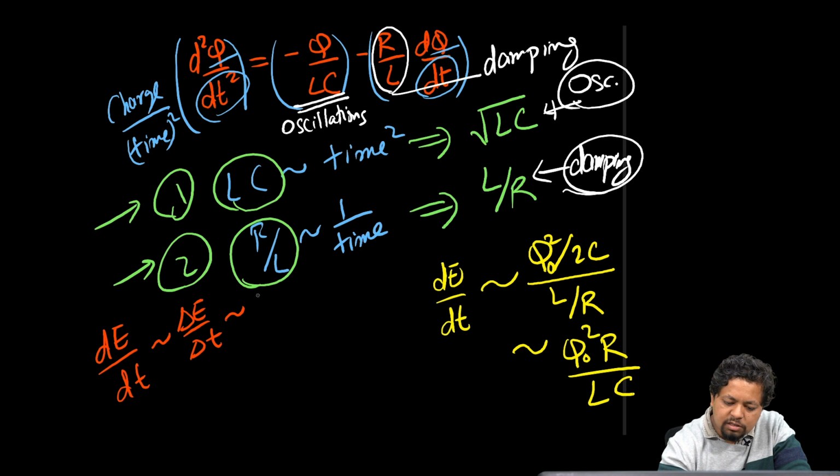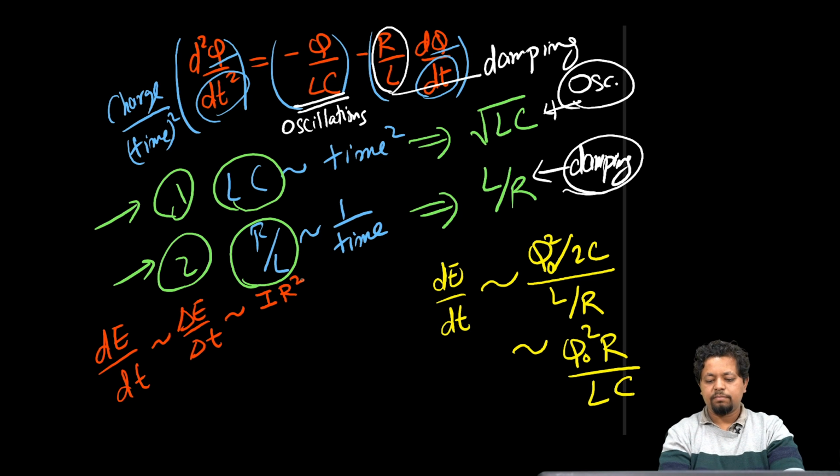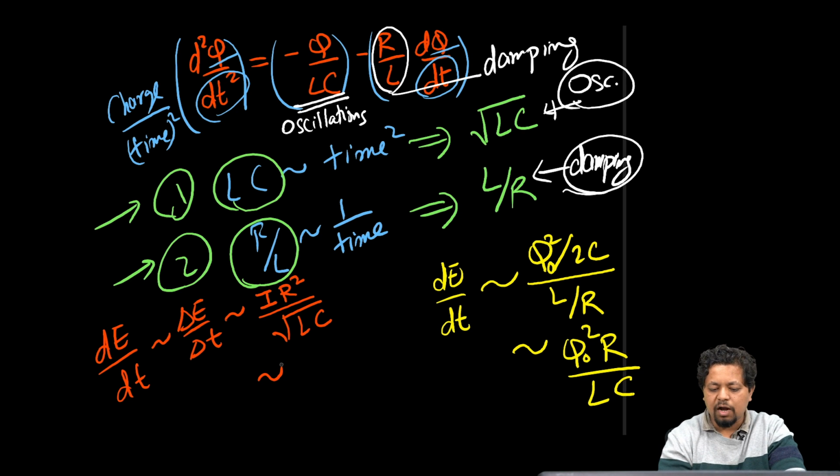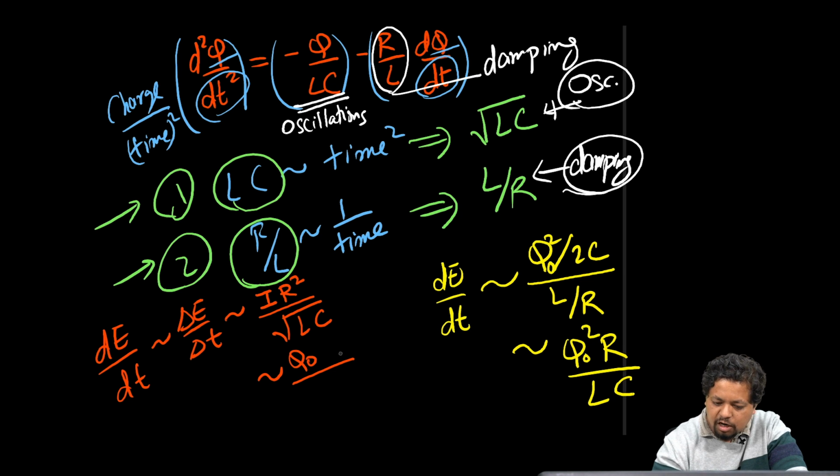we know the energy lost is of the order of IR square, and the time taken for that is the oscillation time period, which is of the order of square root LC. Now we can put in units for I. I is current, so it's charge over time.